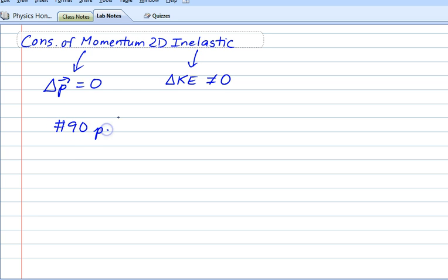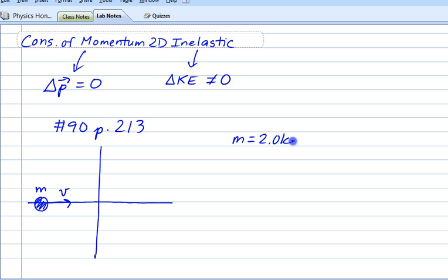So it works pretty much the same as what we've seen in the past, but let's look at number 90 on page 213. So the setup for this is that two objects approach each other. So there's kind of a coordinate axis. This object has a mass of m and a velocity of v, and they give us m is 2.0 kilograms and v is 3.0 meters per second.